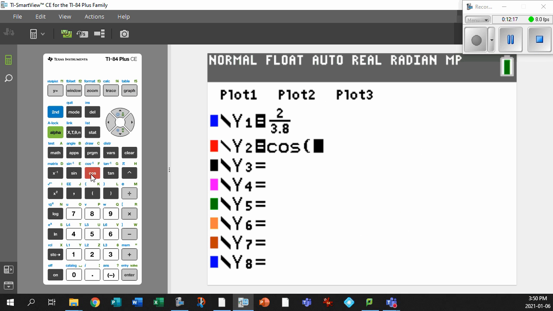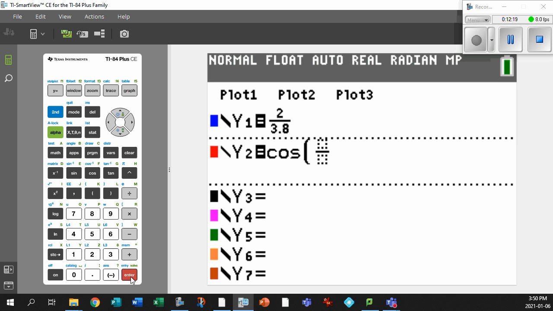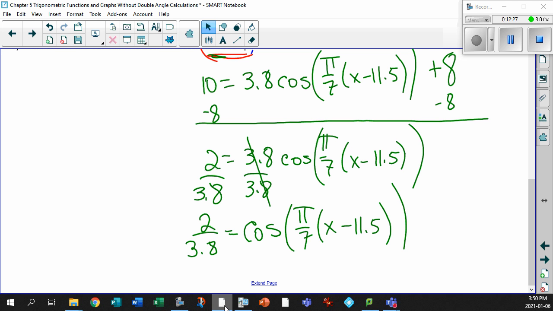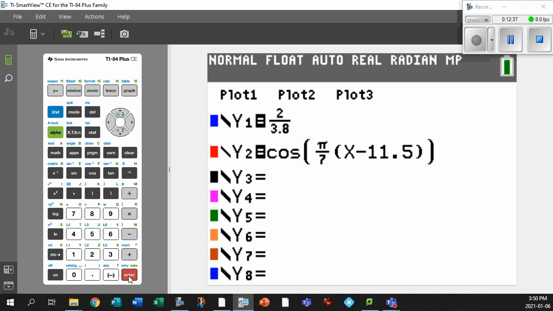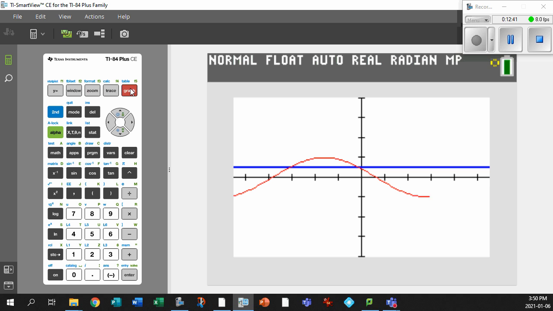Cos of pi over 7, and the rest of this would be x minus 11.5, bracket, bracket. It's good to go. Punch it. Let's see. What's the time here? Okay, graph. And how did I get that graph? Remember, that graph was at Zoom trig.